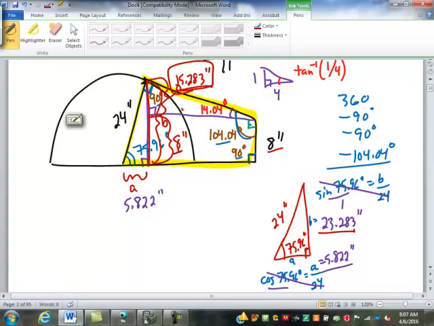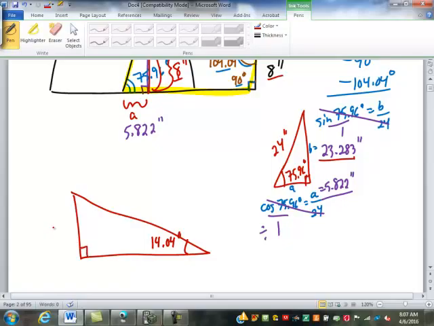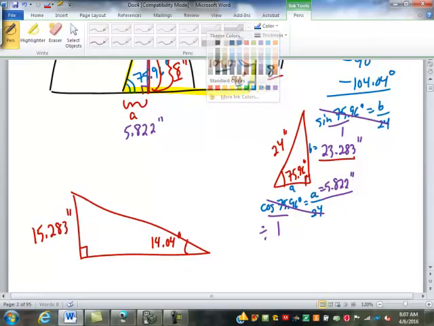So now then I have this triangle up here that we know has an angle of 14.04 degrees. And we know has this side over here of 15.283 inches. So I'm going to find the missing sides here. This side, I'll call that D and this E, is going to be found off of a sine.